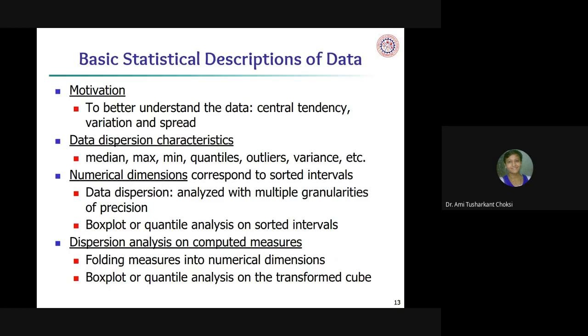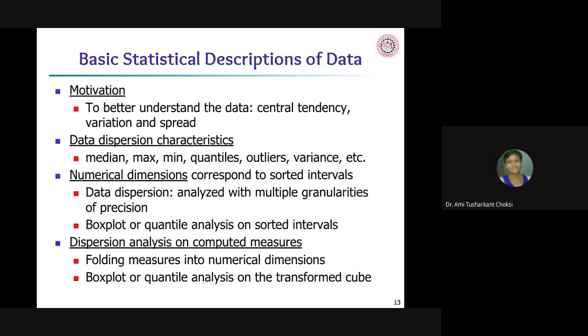Next is data dispersion characteristics. What does that mean? That can be found using median, max, mean, quantiles, outliers, variance, etc.